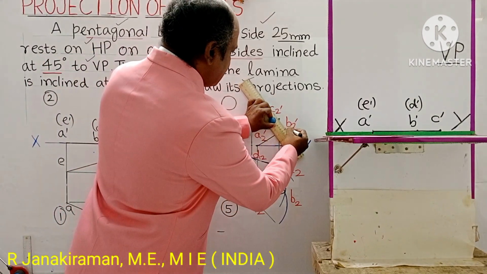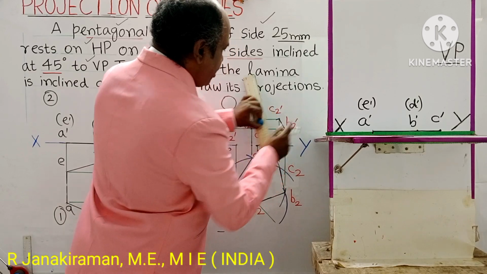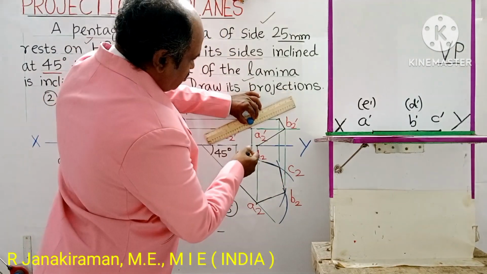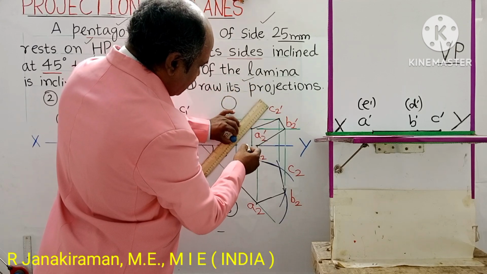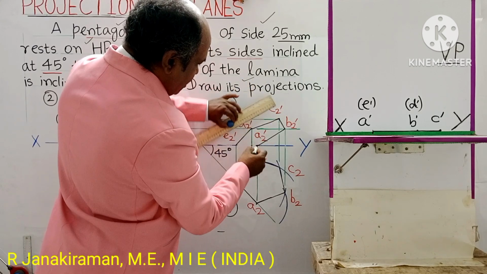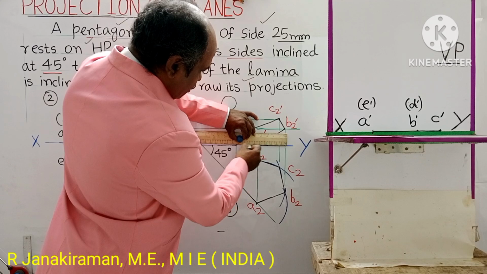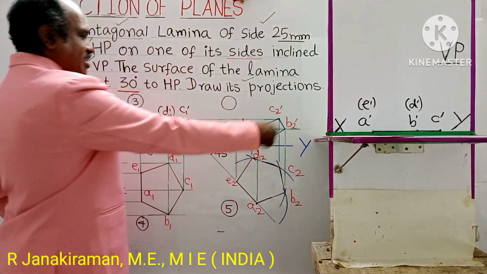Join with C2 dash, join with D2 dash, D2 dash with E2 dash, go in sequence, E with A, the starting point. So this view obtained is called the final front view.